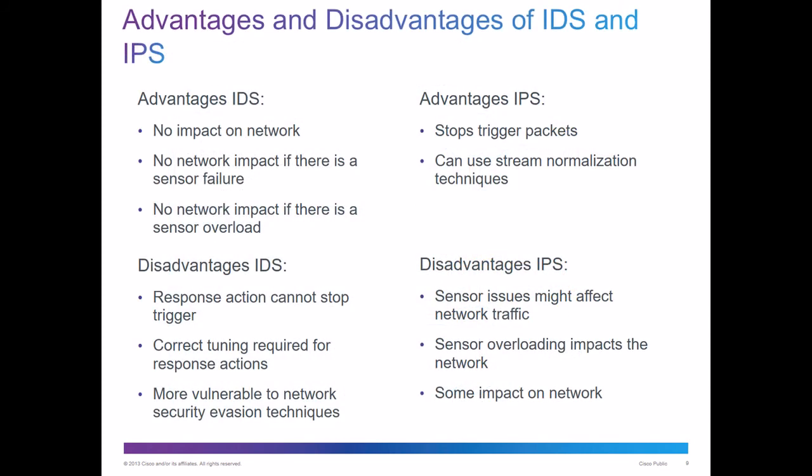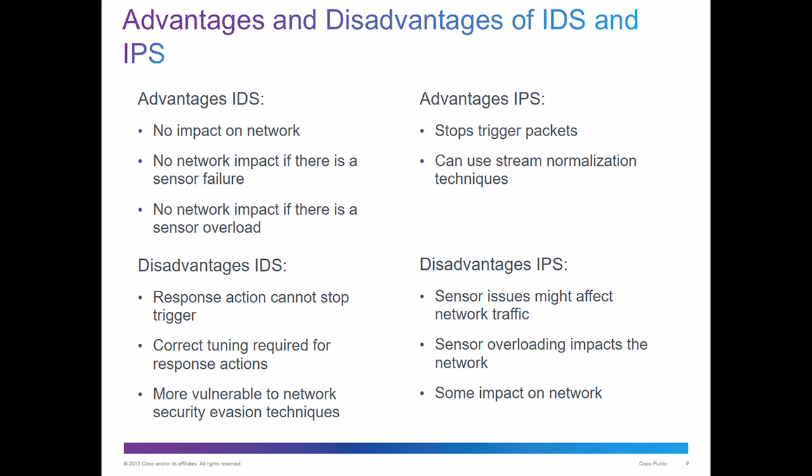All right, so here are the advantages and disadvantages of a detection system and a prevention system. Please write those down. That's one thing that I want you to submit. We've discussed this already. The IDS is attached inside the network and not in line, so it doesn't have any impact on the traffic.